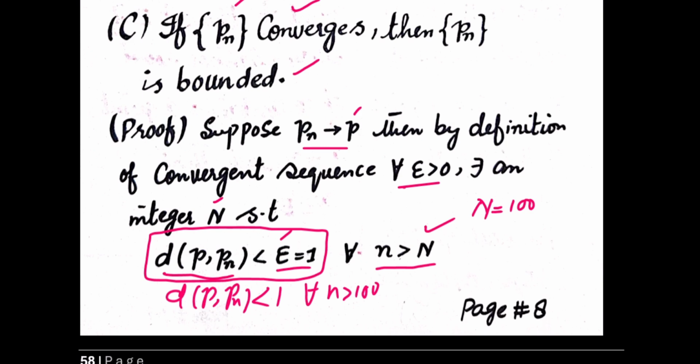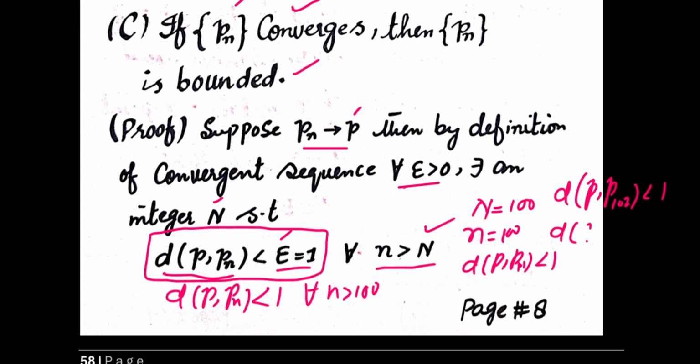When you take n equal to 101, the distance of p101 from p is less than 1. Similarly, for n equal to 102, the distance of p102 from p is less than 1. Similarly, for n equal to 1000, it is always less than 1.